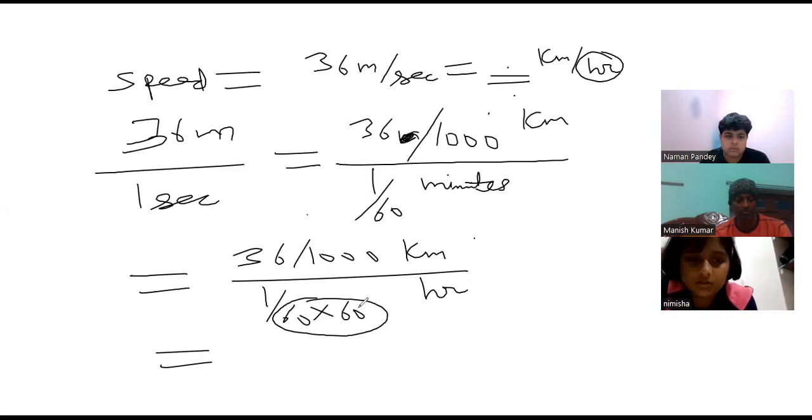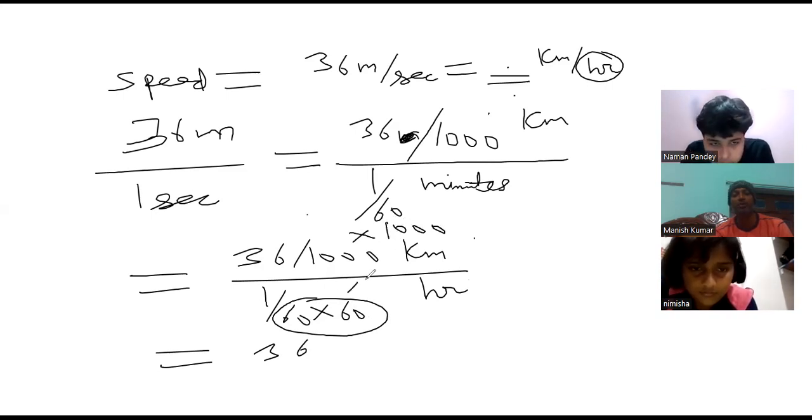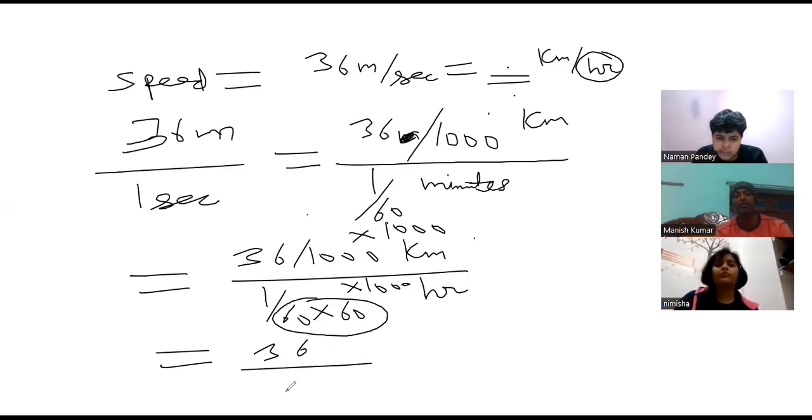See here, I already told you if you are having confusion, 3, 6, here you can multiply by 1000 and here also multiply by 1000 first of all. Now above we are getting 36 only and here we are getting 2 zeros will cancel out here also.